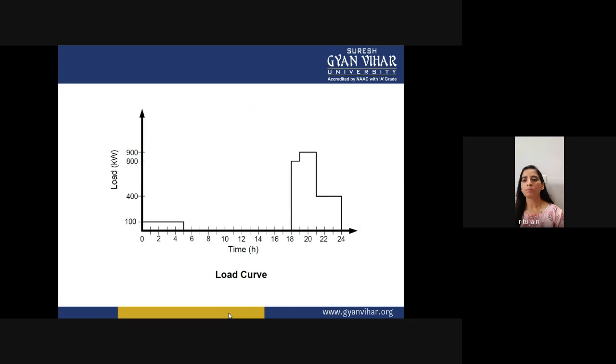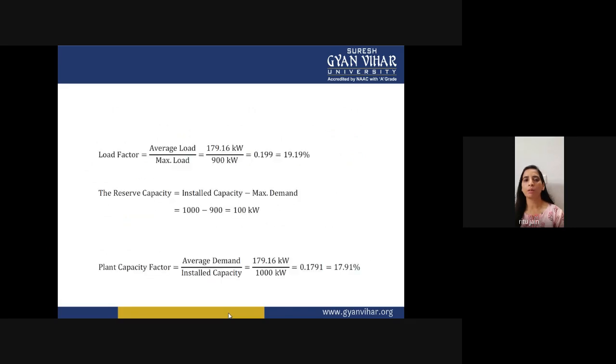So you can easily calculate the load factor, which is equal to average load upon maximum load. The average load is 179.16 kilowatt, which is divided by 900 kilowatt, and the load factor is 0.199, and if you calculate it in percentage, then it will be 19.9% load factor.